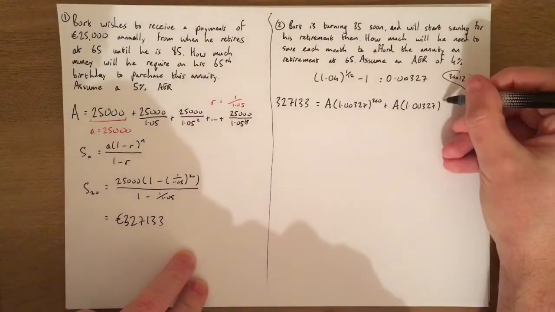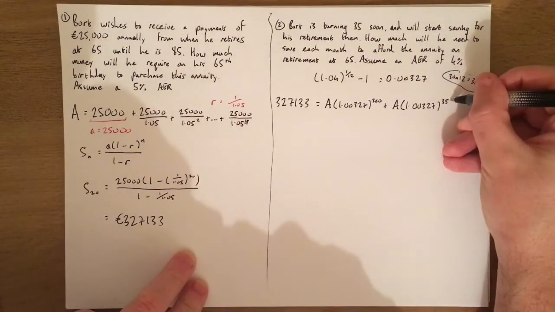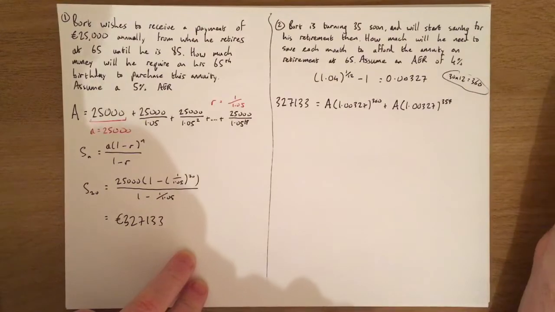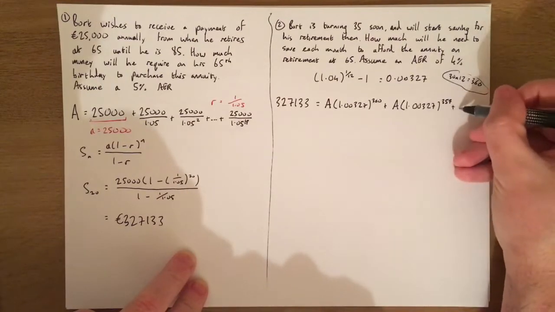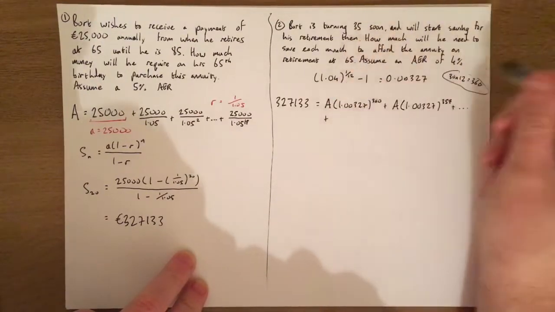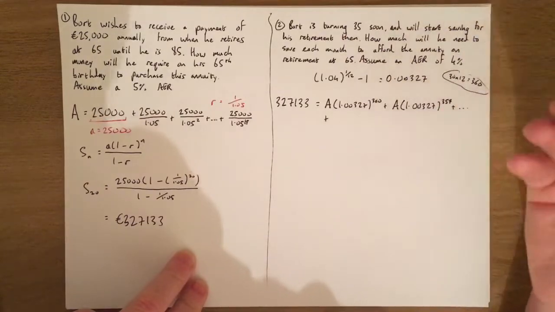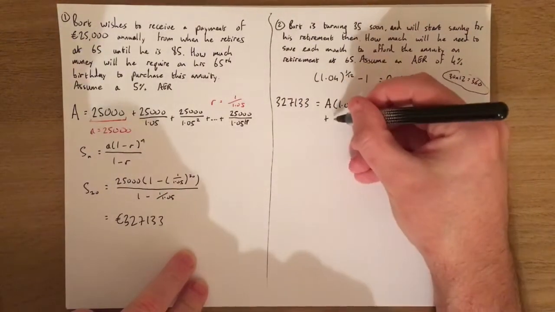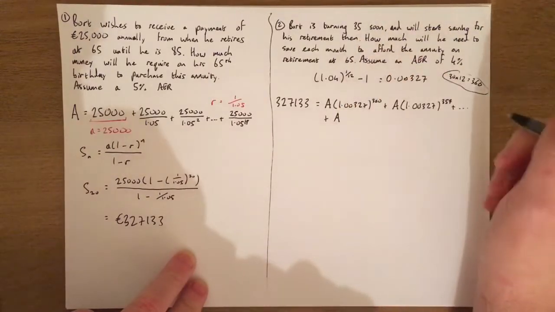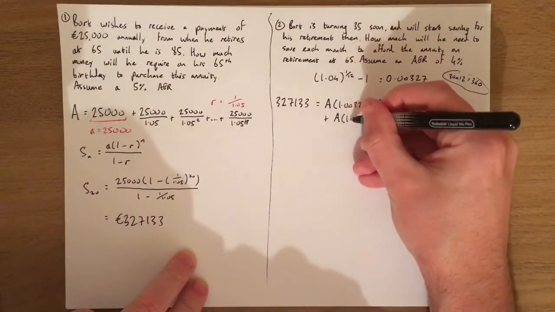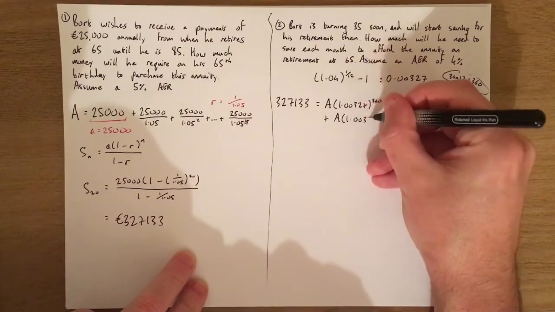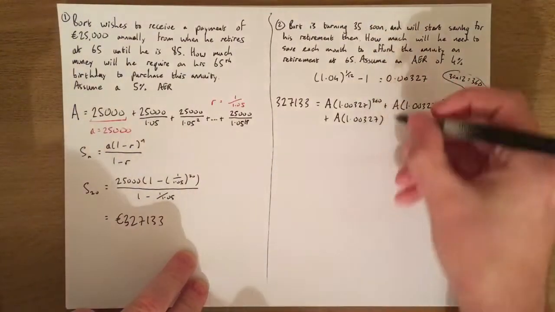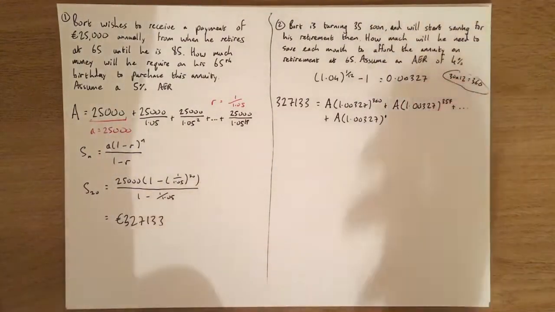This one's only going to be in the bank for 359 months. Until at the start of the final month, so 1 month before he hits 65, he's going to save one last amount of money. It's going to earn that much interest, and it's only going to be in the bank for 1 month.